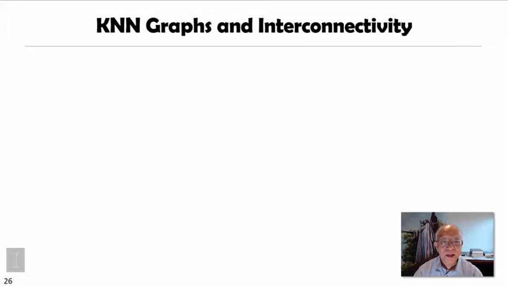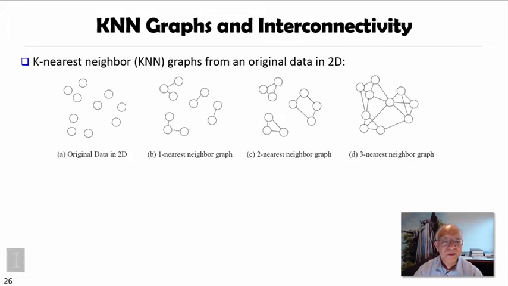Let's look at the method in some detail. The first is the KNN graph. What is a KNN graph? Let's look at the example. This is the original two-dimensional data set. The one nearest neighbor graph is: for each point, each object, you just find the top one closest neighbor.